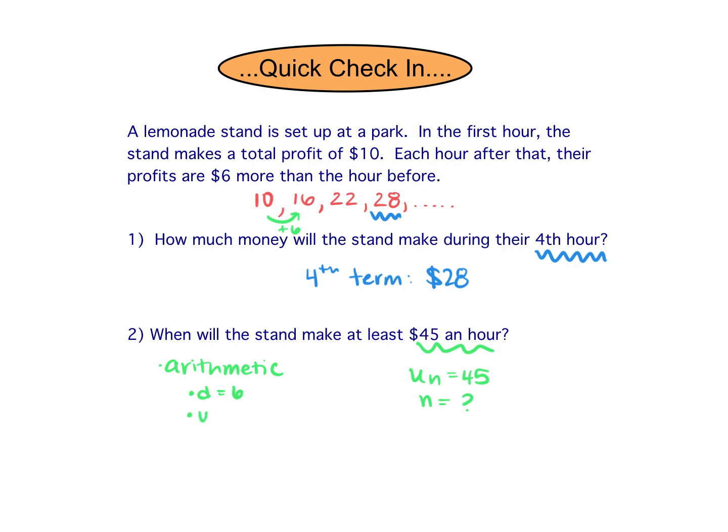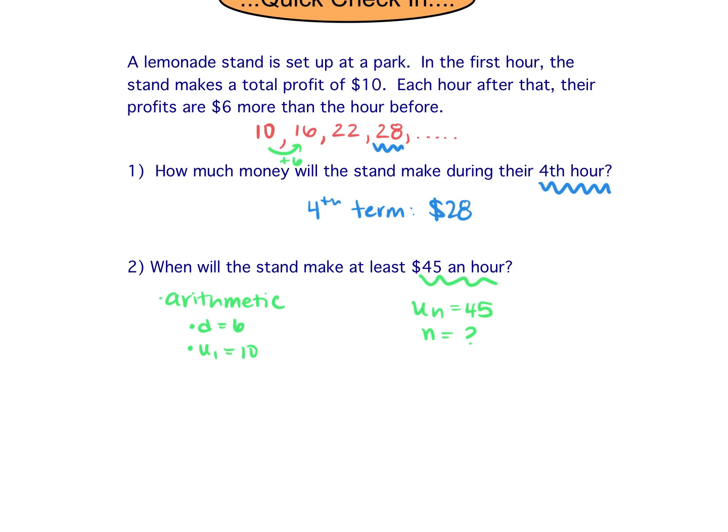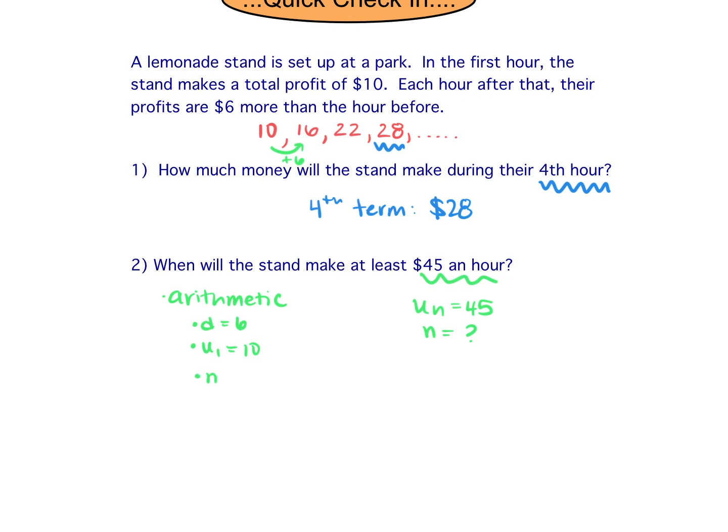I also know that the first term is 10, and that I'm trying to figure out the value of n for when my specific terms reach 45. So I'm going to go back to my formula list, and I'm going to pick out the specific term formula for arithmetic sequences and series. And it looks like this.